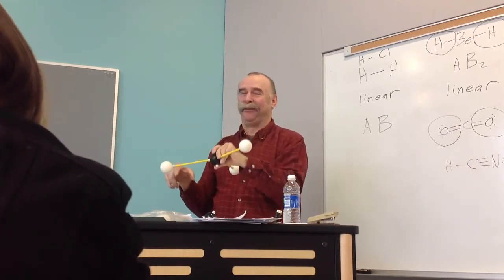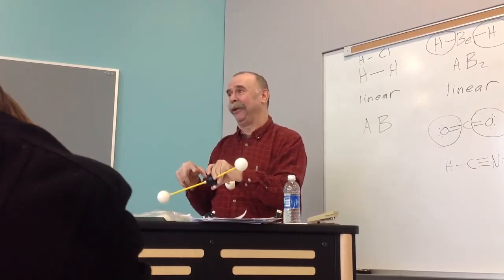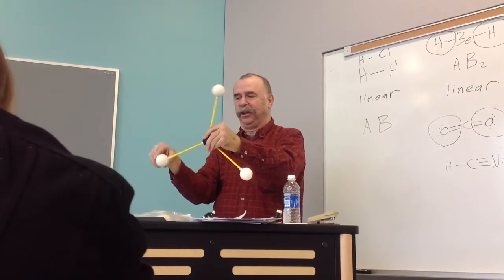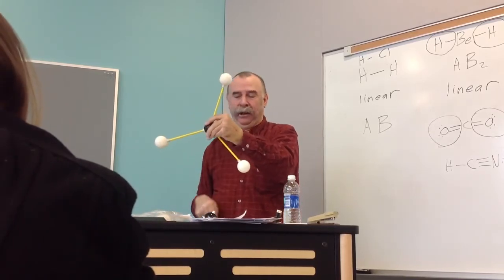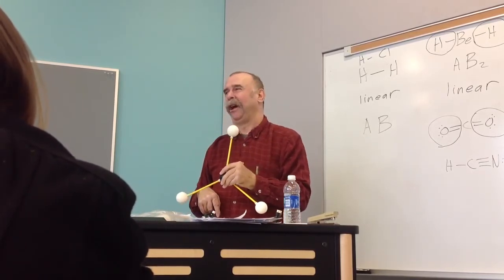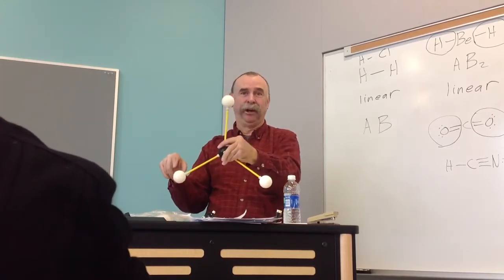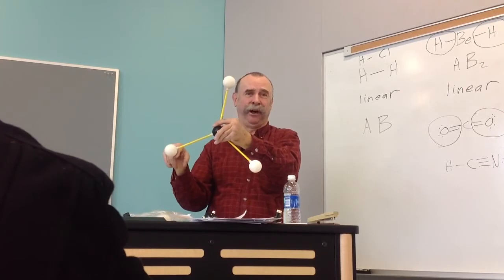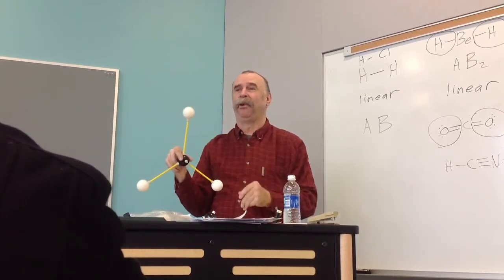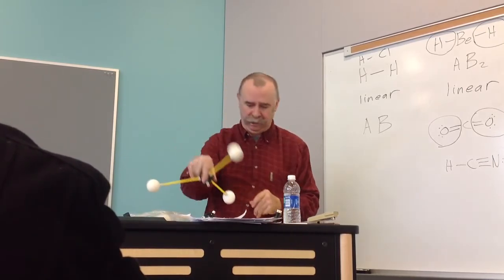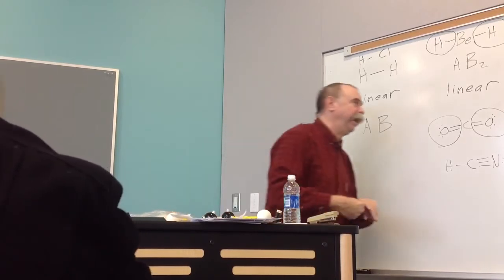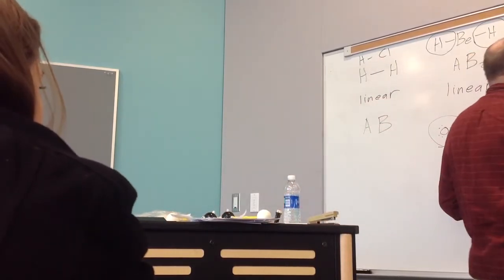Again, if this were a perfect shape, they'd all be in the same plane. If I just look at the 3 outermost atoms, does that define a triangle? I'm going to call this trigonal planar. Trigonal because the outer edges define the triangle. Planar because all 4 atoms are in the same plane. So an AB3 is a trigonal planar shape.